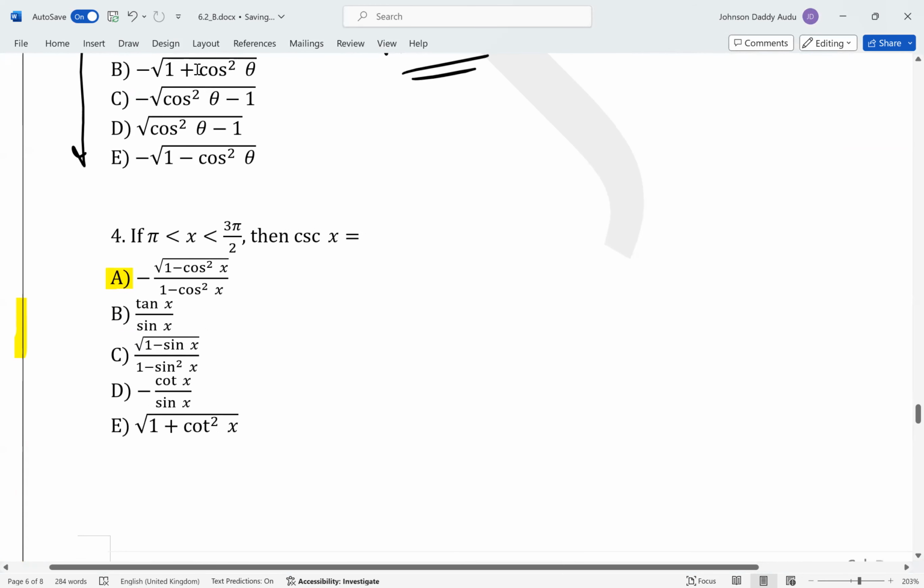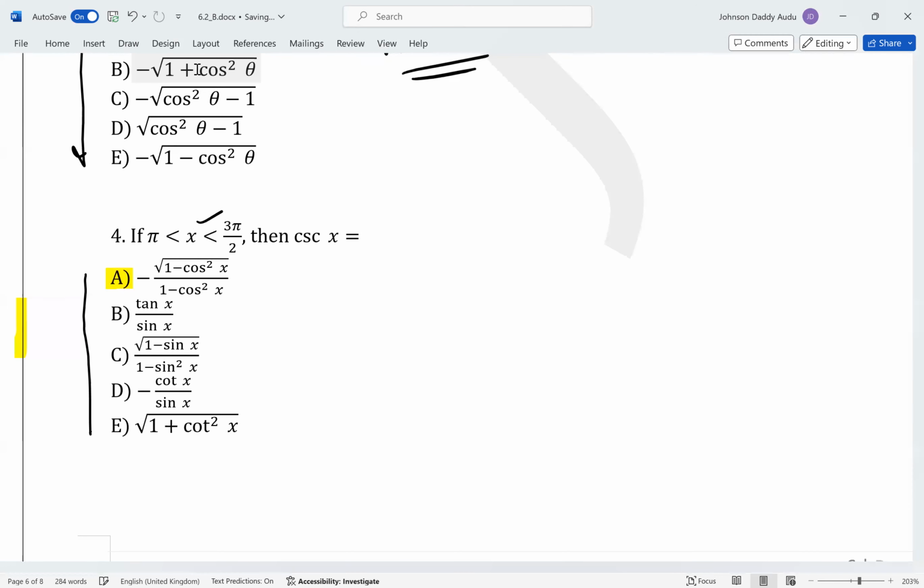All right, number 4 is similar, but here you have to see that the answers have different trigonometric functions. So this is cosine, this is tan. So here we just need to check. This is in quadrant 3, right? So this is quadrant 3. All right.